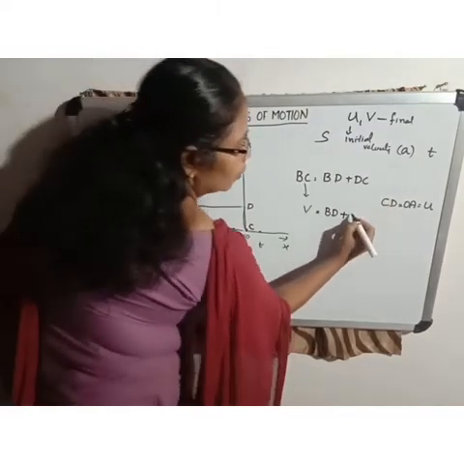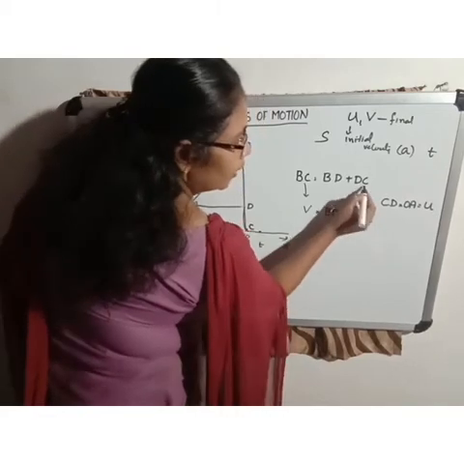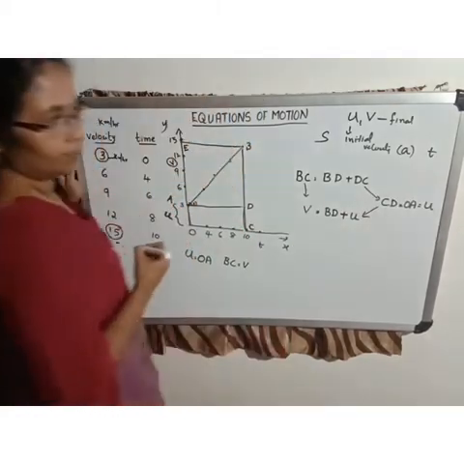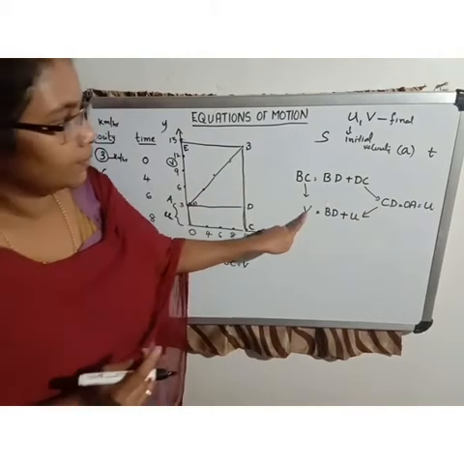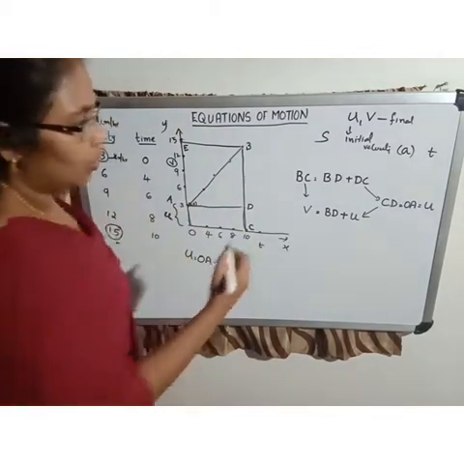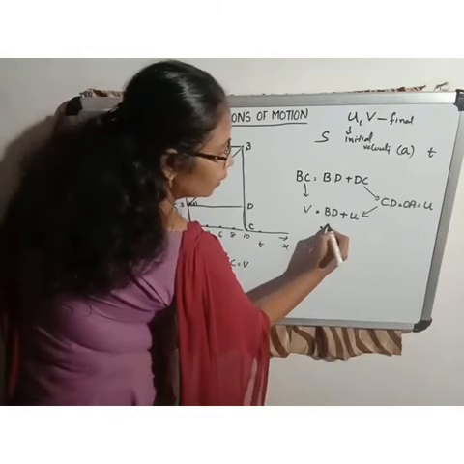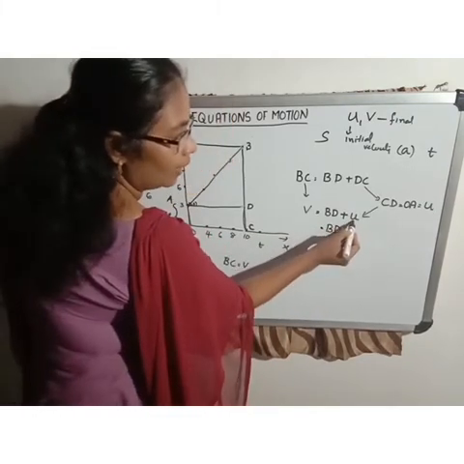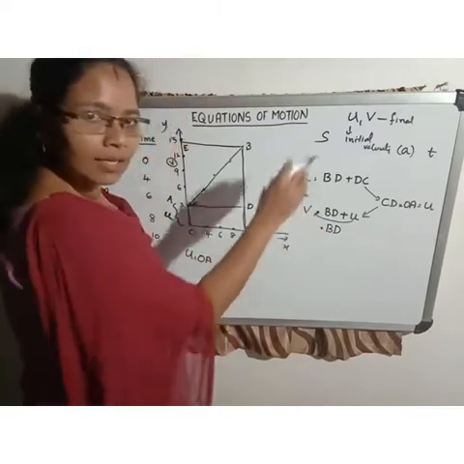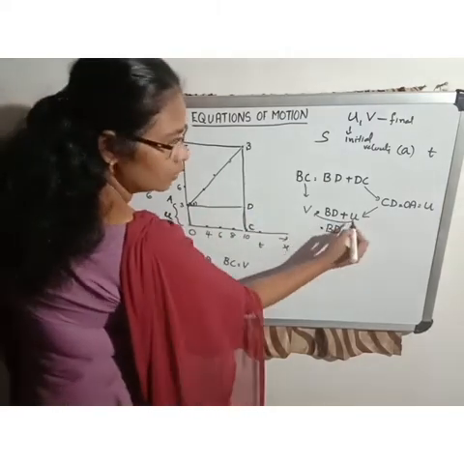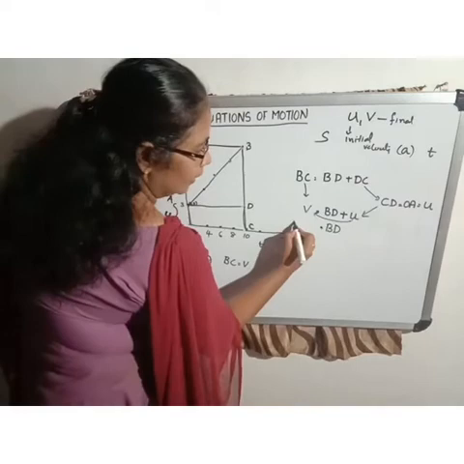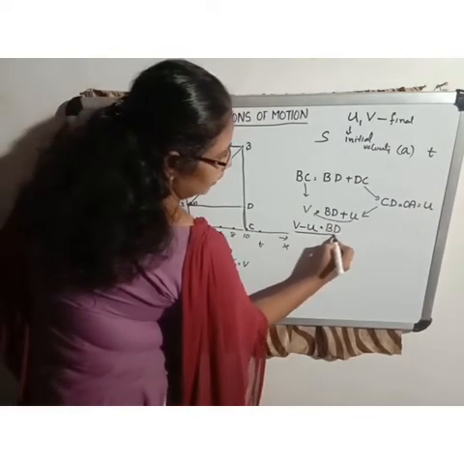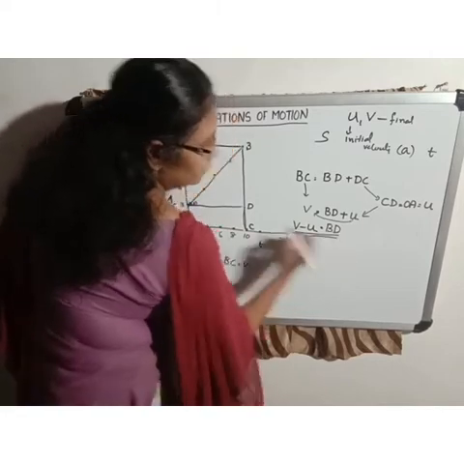DC is equal to U. So BC is V and DC is U. Now I'm going to write BD here itself. I'm taking U to that side, so plus U becomes minus U. So V minus U is equal to BD.